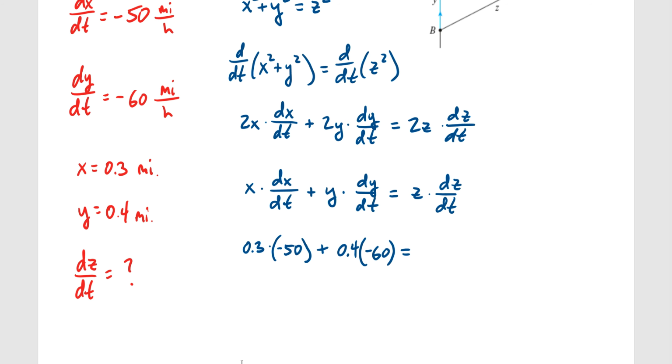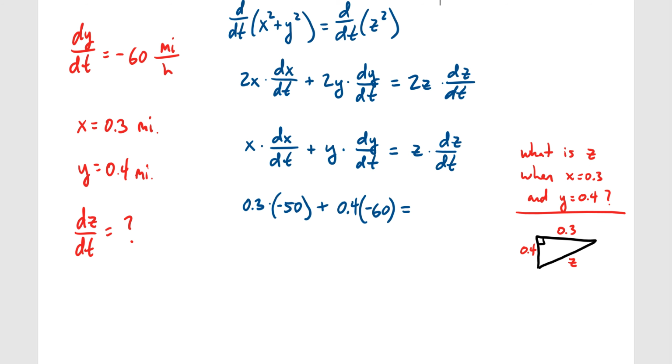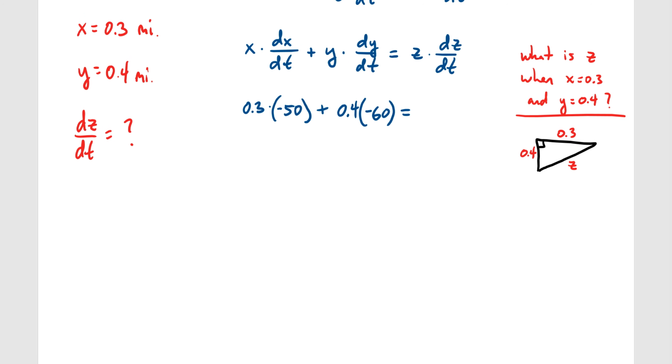So we have to do something we did, I think, two examples ago. We have to figure out what z is when x is 0.3 and y is 0.4 using the Pythagorean theorem. We set it up like this: x is 0.3, y is 0.4, and we're looking for z. That's going to be 0.3 squared plus 0.4 squared equals z squared.